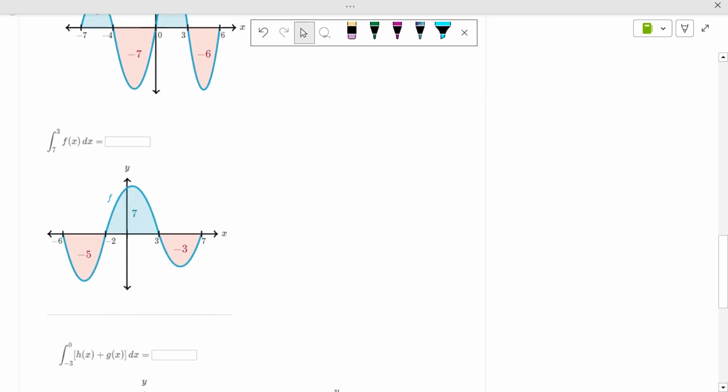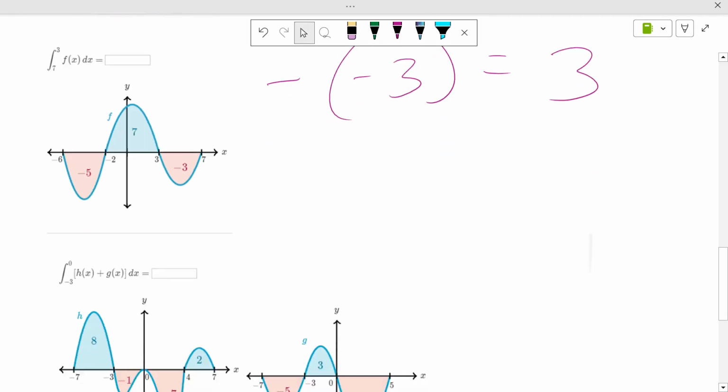From 7 to 3. Oops! It's from 7 to 3, not 3 to 7. From 3 to 7, it's -3. So if I go from 7 to 3, it's going to be the opposite since I'm traveling in the opposite direction. So it's the opposite of -3, which is 3. Crazy how calculus works.